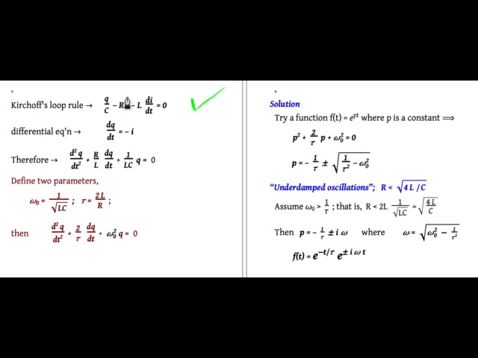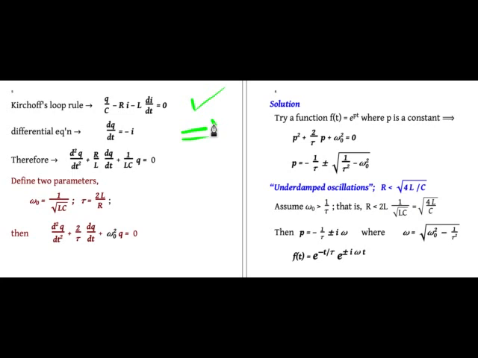We need a relation between Q, the charge on the capacitor, and I, the current. Now remember, we defined positive Q to be like this.